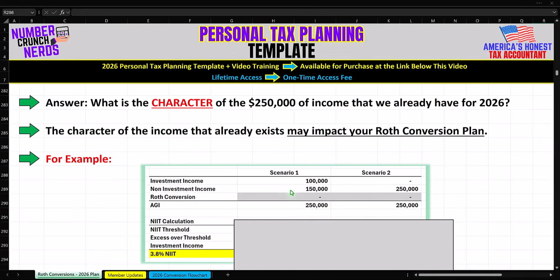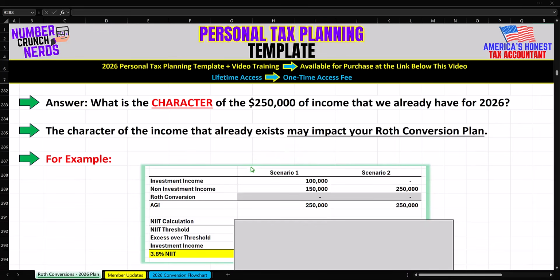Any of those items are not considered investment income. And so in scenario 1, we have $100,000 plus $150,000 gets us our $250,000 of AGI. Now, alternatively, over here in scenario 2, let's say that we have $0 of investment income, and our entire $250,000 of AGI is made up exclusively of non-investment income.